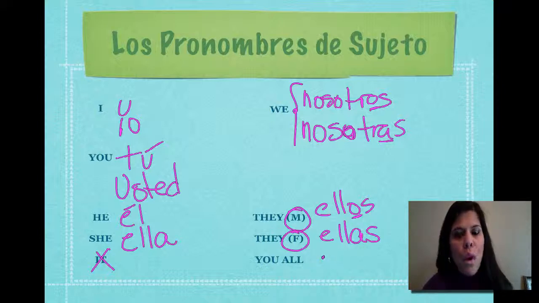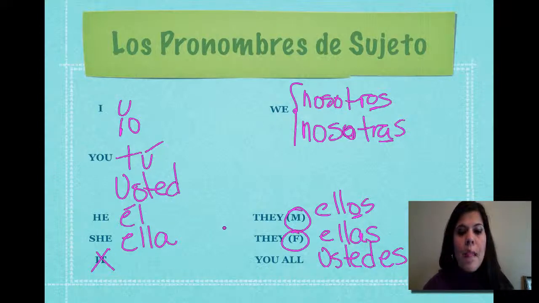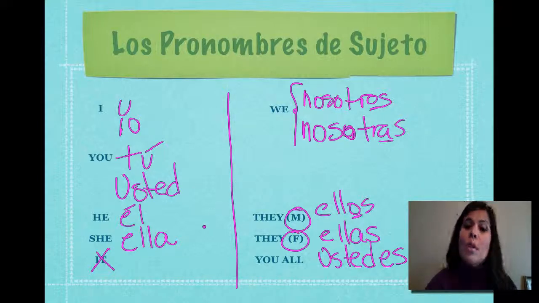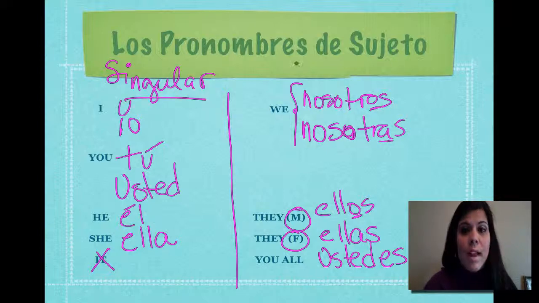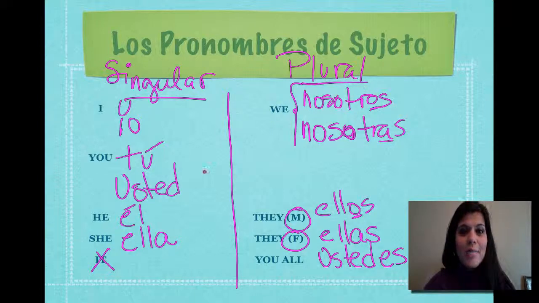And then you all, we have ustedes. Now it's very important that we remember that because everything in Spanish has gender, that we make sure that if we're talking plural, our pronouns are in plural, or if we're talking singular, they're singular. So that's why I did this line right here to show you that this side is the singular side, okay? And then this side right here is your plural side.